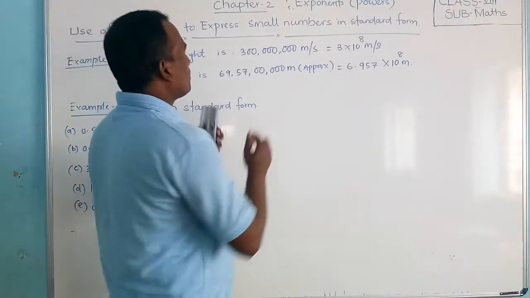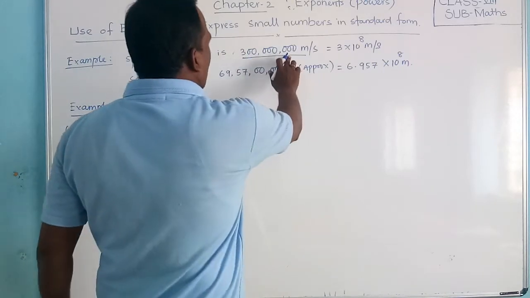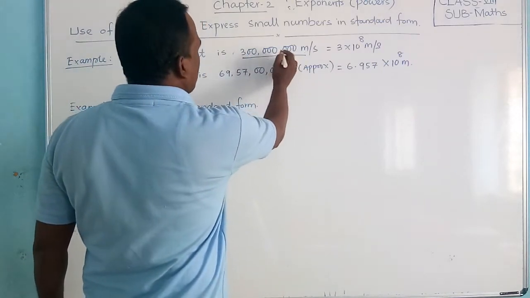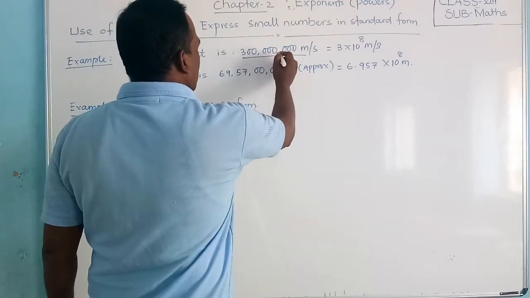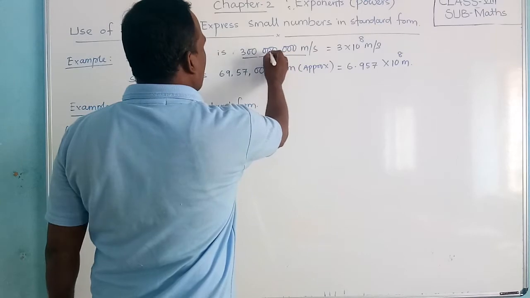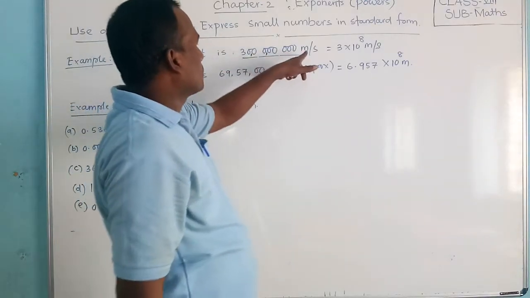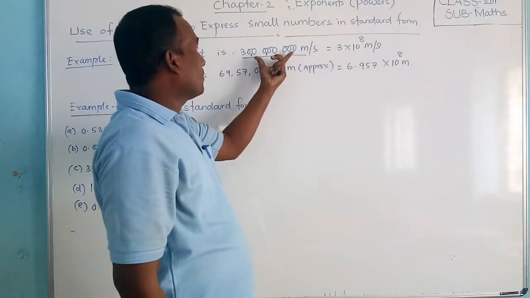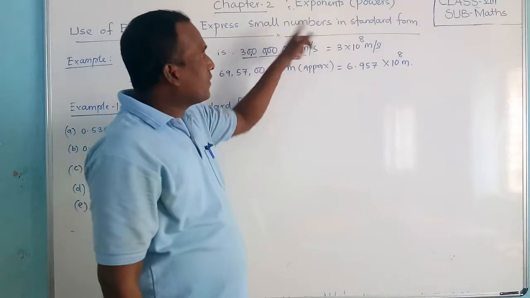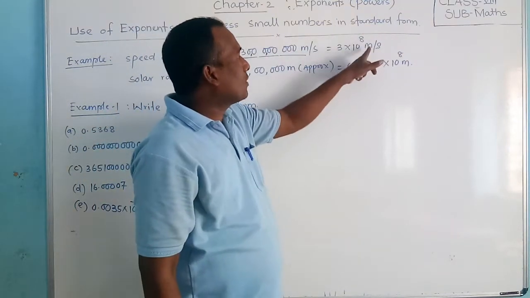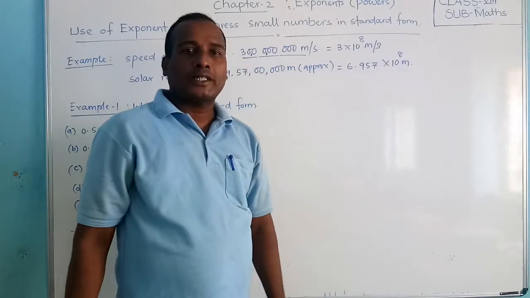In the international system you read it in millions. In the Indian system we can keep commas, that means 30 crores meter per second. This number is confusing to read. But if I write 3 into 10 to the power 8 meter per second, it is very easy to remember and to write.